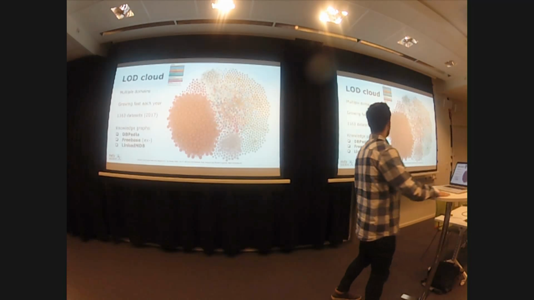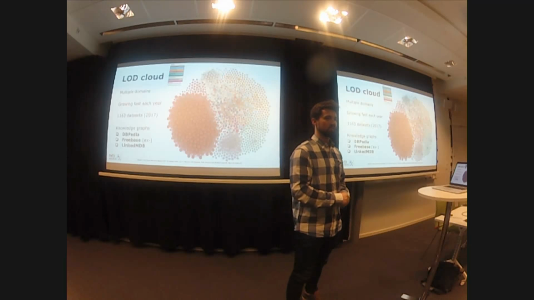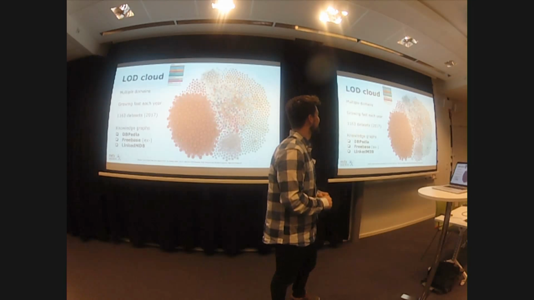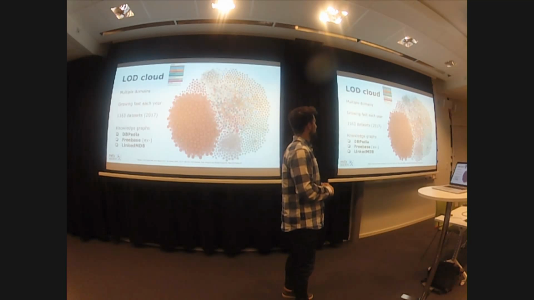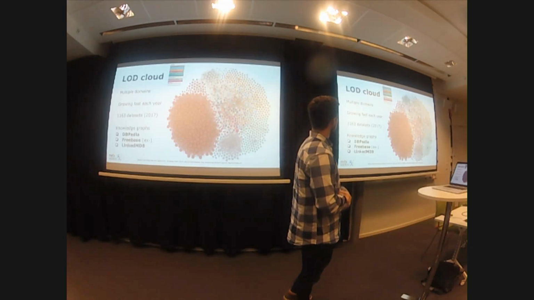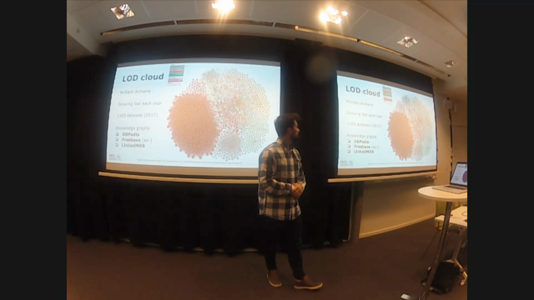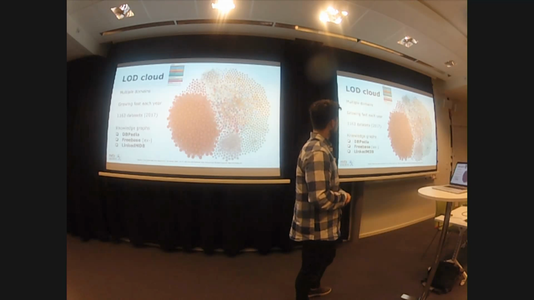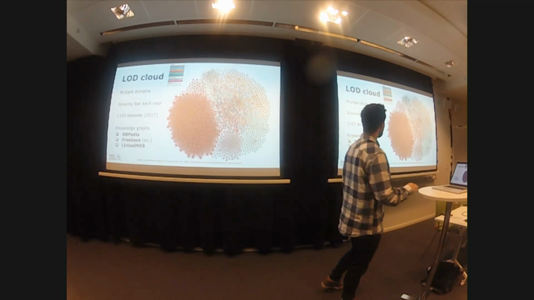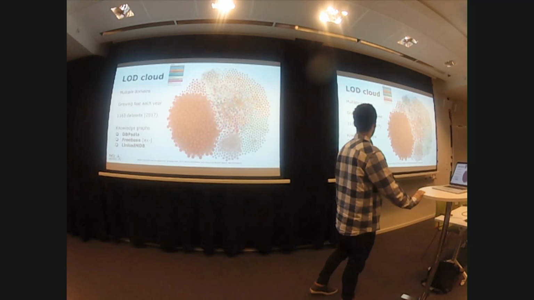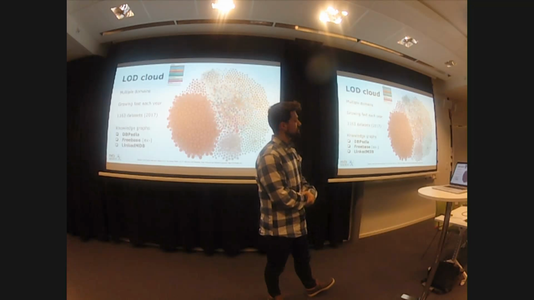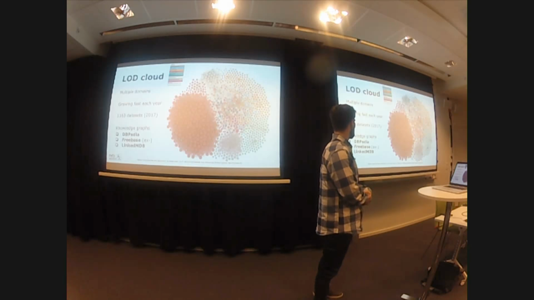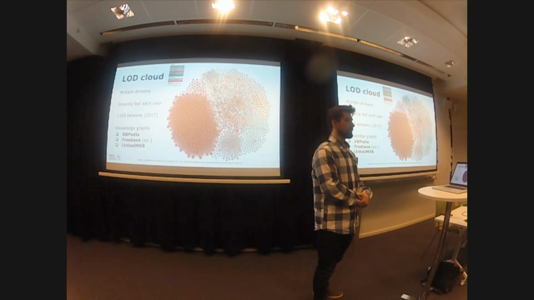And the LOD cloud, as of today. I was surprised actually not to see this picture in many of the presentations, but we saw it at least once, I think. So that's the state as of 2017. Around 1,000 datasets, a lot of links, a lot of domains, and some of the most linked ones are DBpedia, Freebase, which now it's not anymore, it's been acquired by Google and it's called Knowledge Graph.